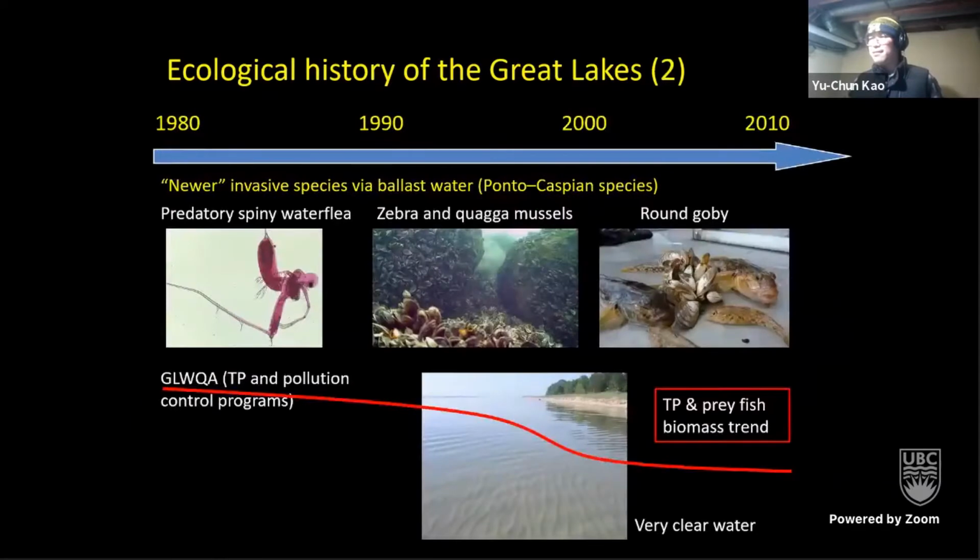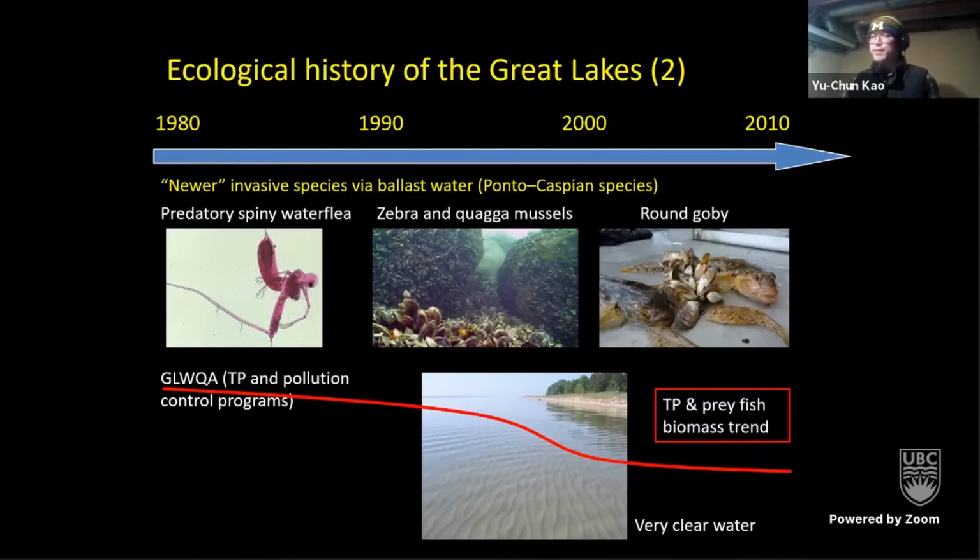And later in this period, we have so-called newer invasive species. These invasive species came in from ballast waters. The large ships come into the Great Lakes, and some of their ballast waters contained larvae or juveniles of these invasive species.